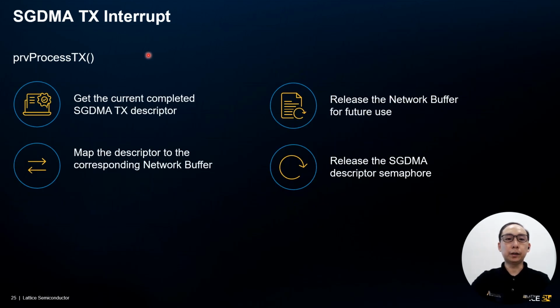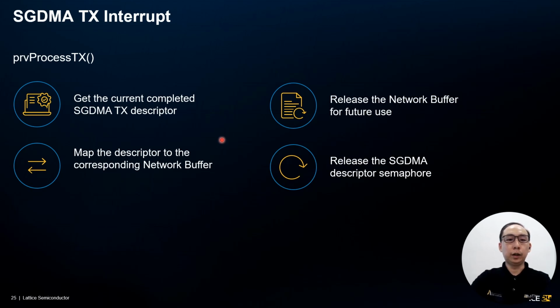For processing the SGDMA TX interrupt, the API will first get the current completed SGDMA TX descriptor. This means that the Ethernet frame has been successfully sent through the Ethernet interface, and the SGDMA TX descriptor no longer needs to be used.